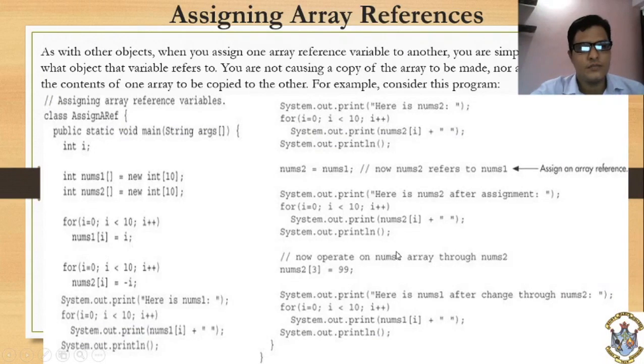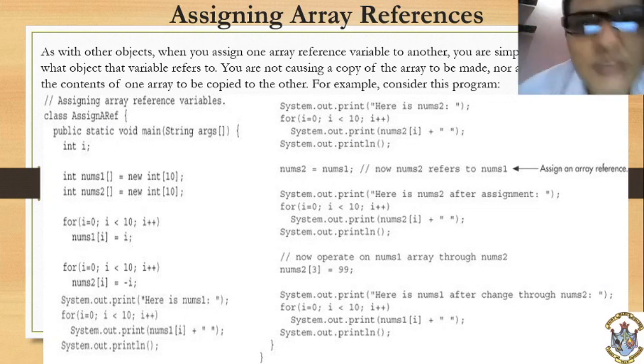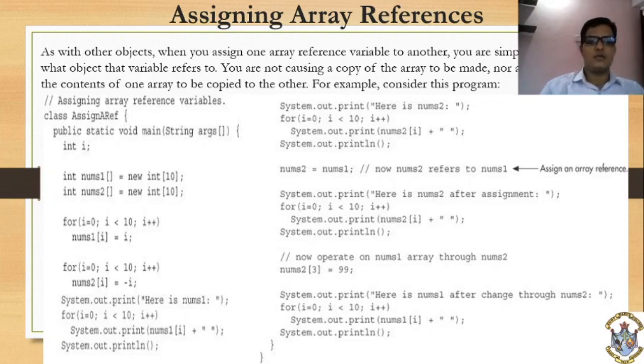Okay, now this is a very essential concept, assigning array reference. This question is asked for 6 marks. Please observe here, whenever you assign one array reference to another array, it accesses its values and also its locations.